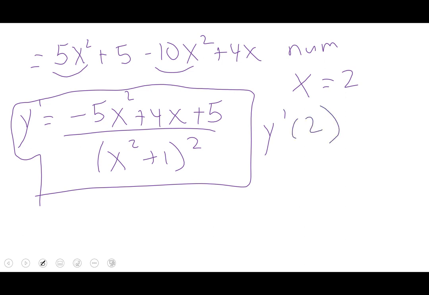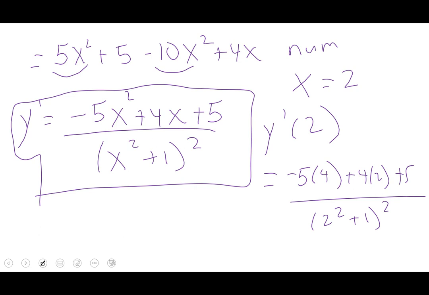When you do that, you're going to get negative 5 times 2 squared is 4, plus 4 times 2 plus 5, all over 2 squared plus 1 squared.